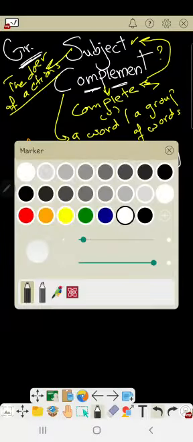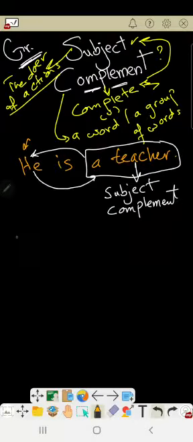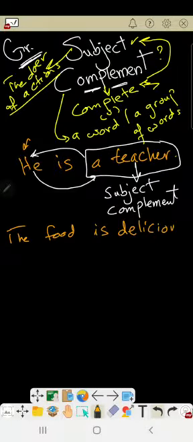Let's take another example and see. The food is delicious. If I said just "the food is" and I stopped here, this is going to be meaningless. So I need to complete with a word that explains or adds to the meaning of food, gives me more information about food. So delicious.